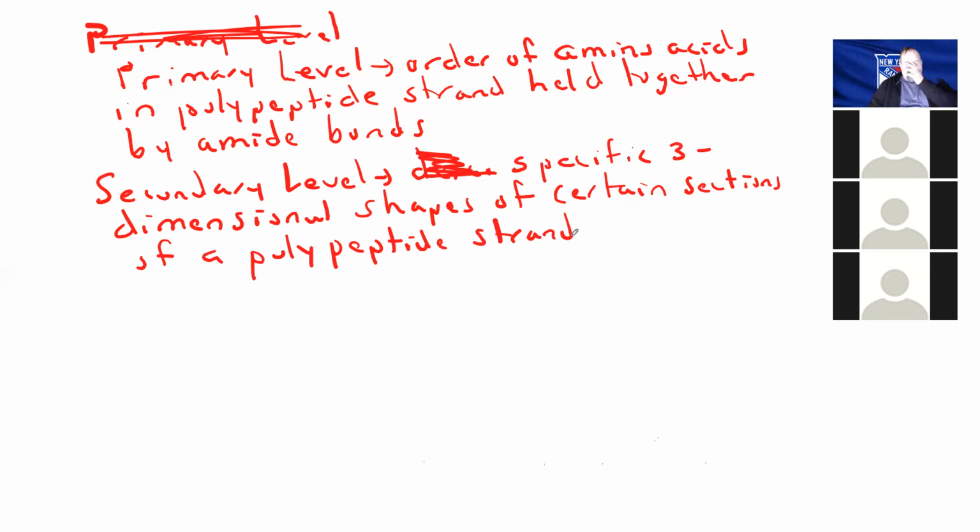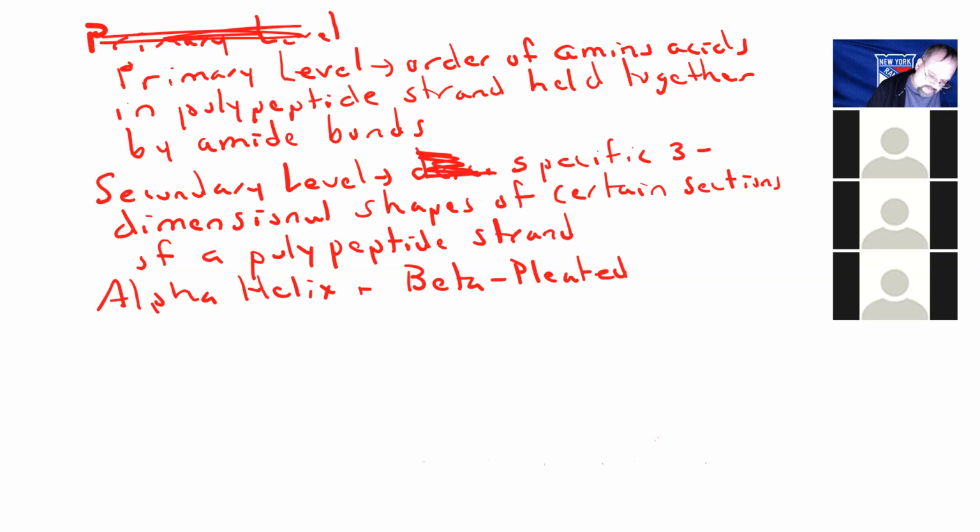So not the entire polypeptide strand in terms of its three-dimensional shape, but certain sections of that strand that have a specific three-dimensional shape. And the two most common that you talk about are the alpha helix and the beta pleated sheet.